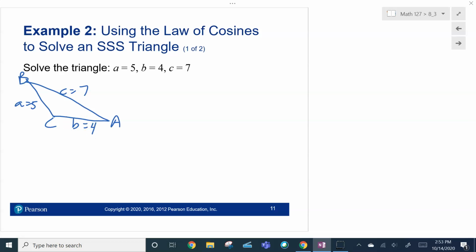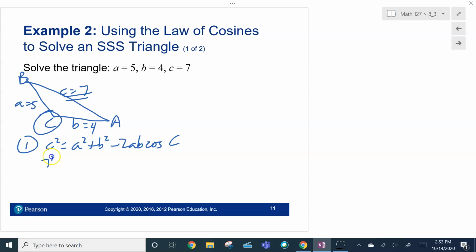So again, find the largest angle, so we know if it's acute or obtuse. Once you know the largest angle, there's the biggest side, so I'm going to find the largest angle. And once I do that, I know if it's obtuse or acute, and if I want to, I can just use law of sines after that. It might be easier.